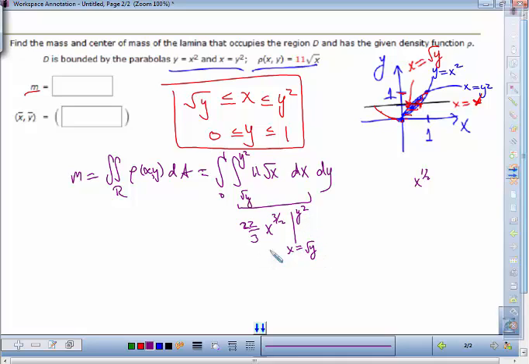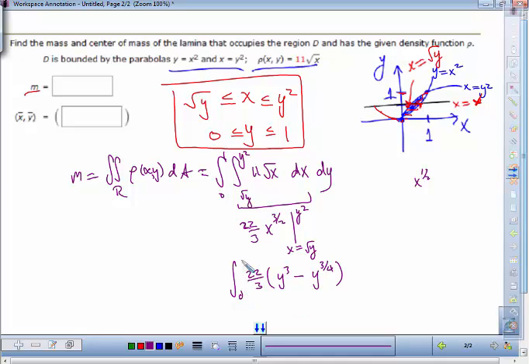So if you put y squared there, you're going to get y cubed. And if you put square root of y there, you're going to get y to the 3/4. Is that correct? Hope so.